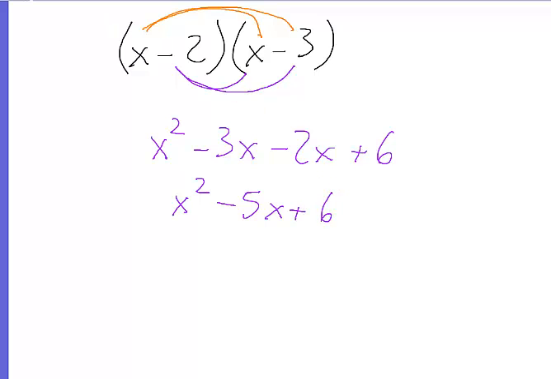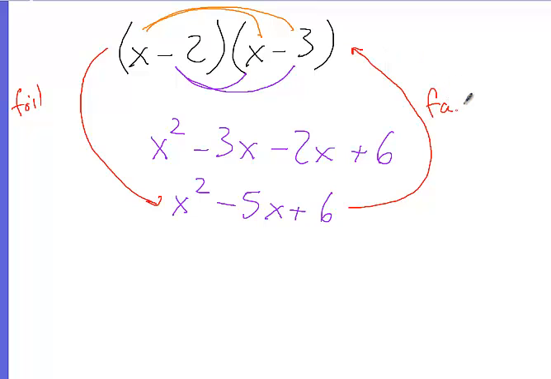This route from our answer back to the purple is called FOIL, or really it's just multiplication or distributing, whatever you want to call it. Then to go from the x squared minus 5x plus 6 back to this, that is called factoring. That's what we're going to be doing today. It gets tricky, but there's just a common theme that you're always going to follow.